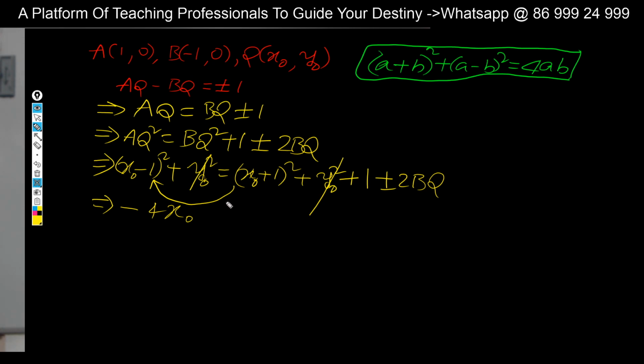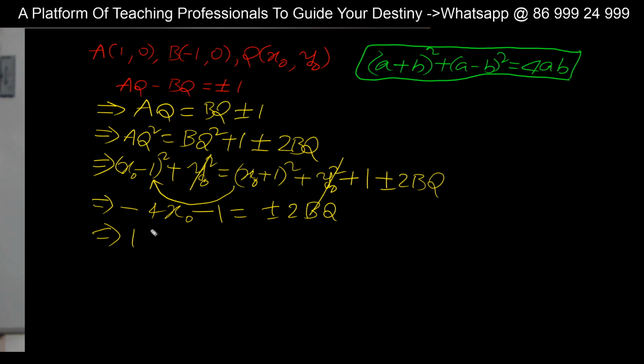Okay. Minus 1 is equal to plus or minus 2BQ. Now square it again to eliminate the plus or minus.